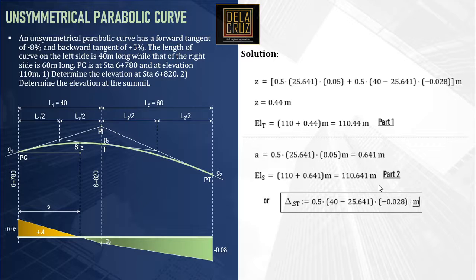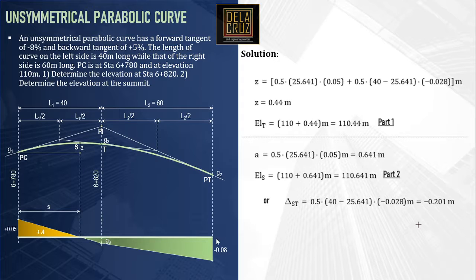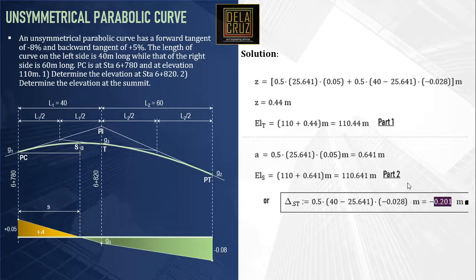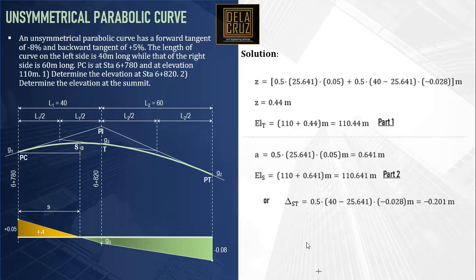Alternative solution. Okay? So, that would be negative 0.021. As you can see, that is negative. That means that the second point, which in this case, we consider S and T, the second point or T is below station S. That's the indicator.